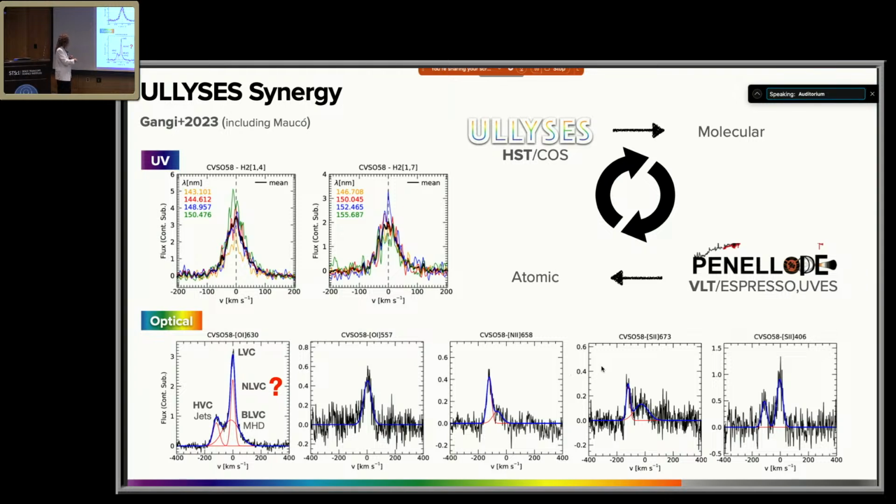As you can see, we identify the typical high velocity component of these sources, which is related to the jets, but also the low velocity component with a narrow and a broad component. And really what we wanted to tackle in this work was the origin of this low velocity component.